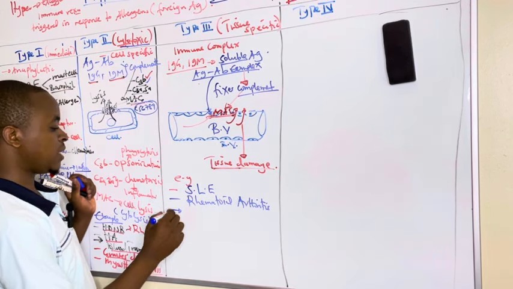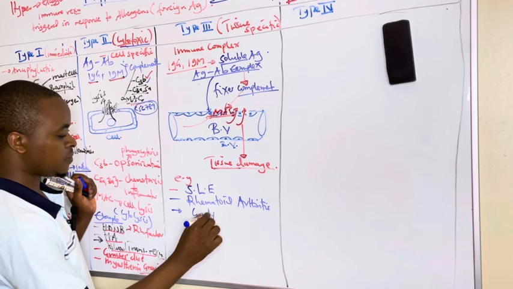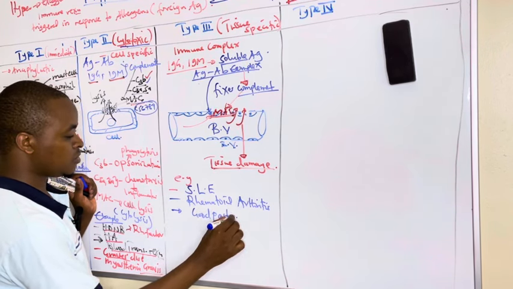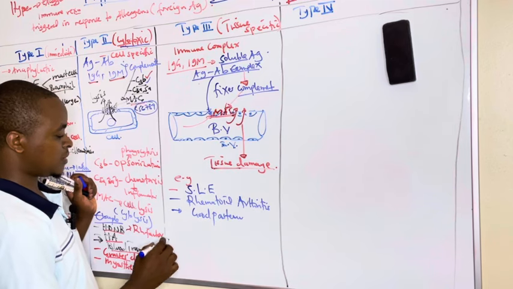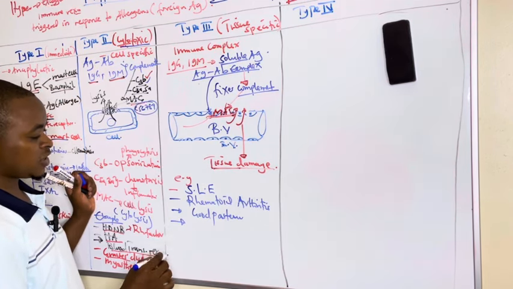Another example we can see is Goodpasture syndrome, which is also an example of type 3 hypersensitivity reaction.